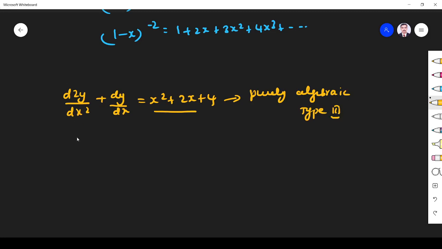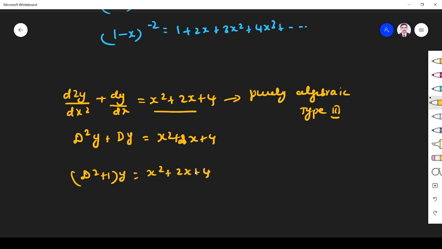First I write it in the general format: d squared by dx squared I can write as D squared, d by dx I can write as D, so (D squared plus D) y is equal to x squared plus 2x plus 4.